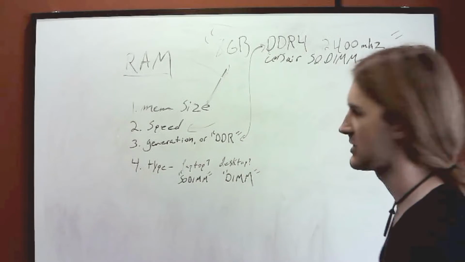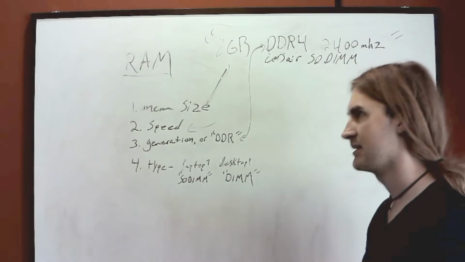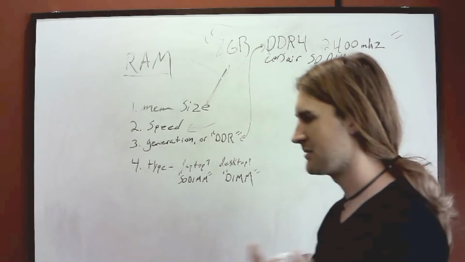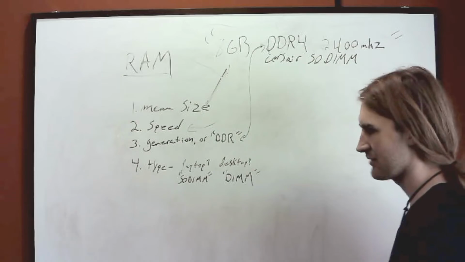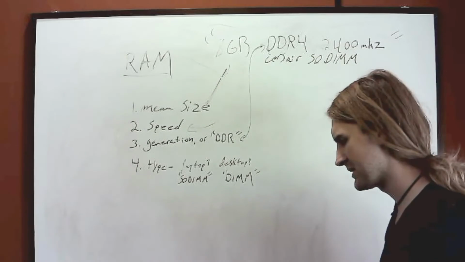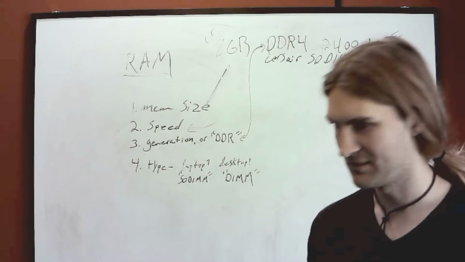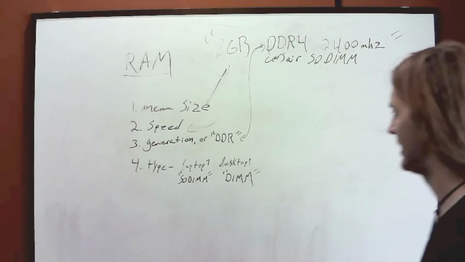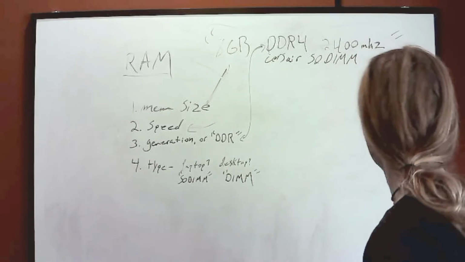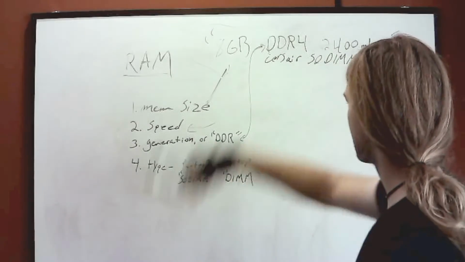Corsair is a manufacturer. I guess there's Vengeance or whatever. I can't remember all the manufacturers, but hey, RAM is RAM. A particular manufacturer or brand is not going to be leagues different than any other, as long as the specs are the same.